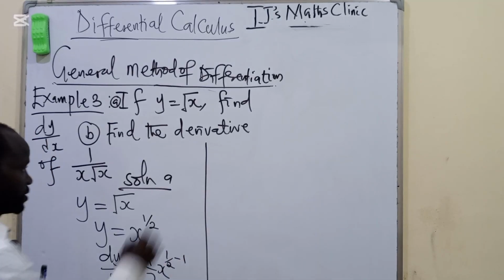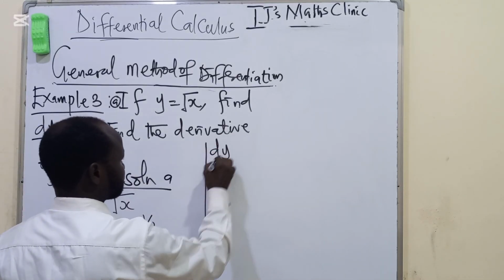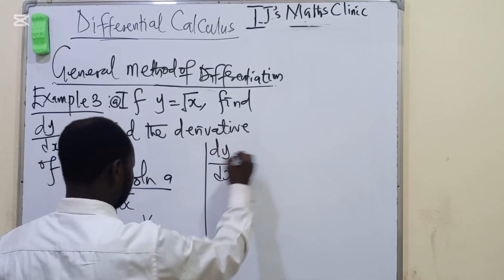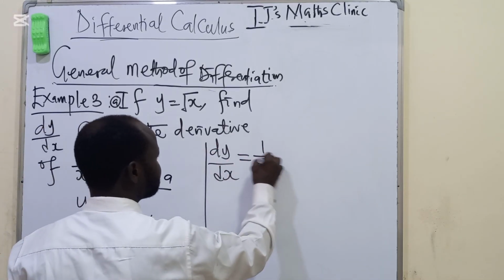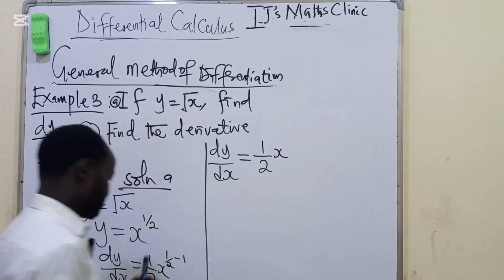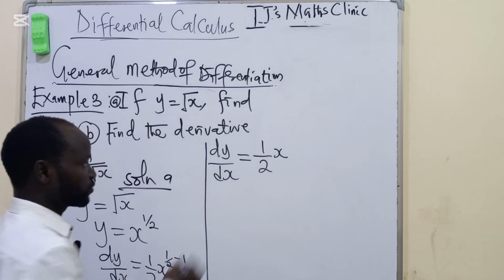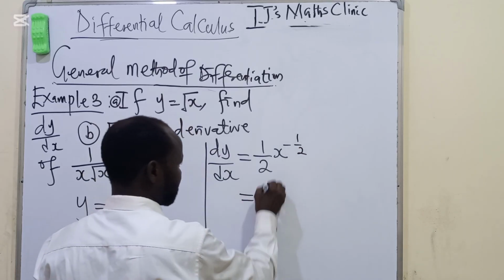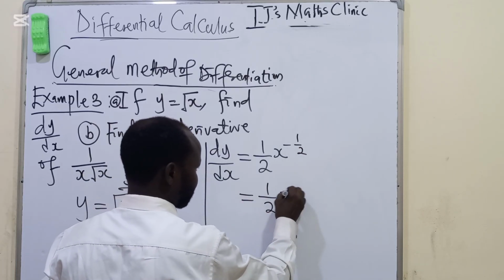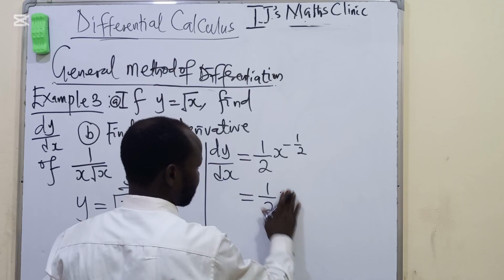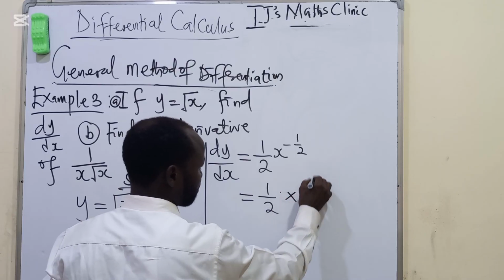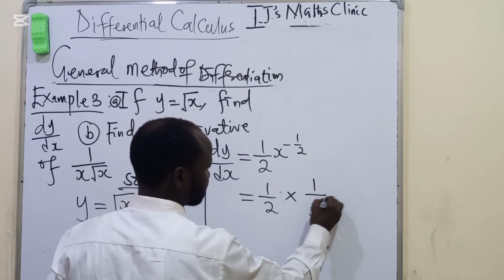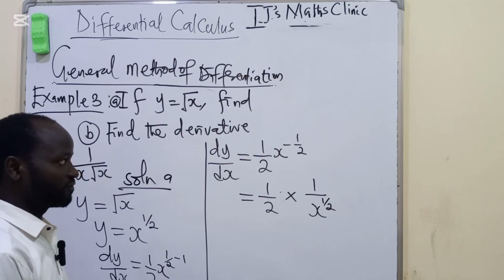Very important. So change in y with respect to x will be equal to half multiplied by x power half minus 1, which of course will be minus half. We can write this as half multiplied by 1 divided by x power half using the negative law of indices.